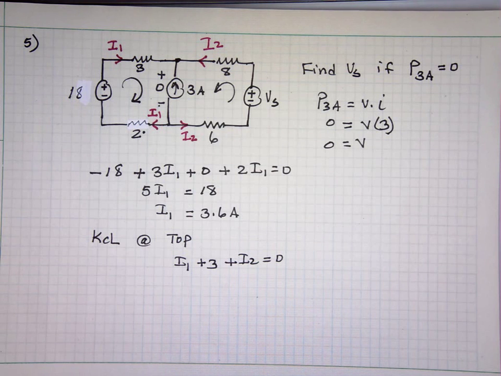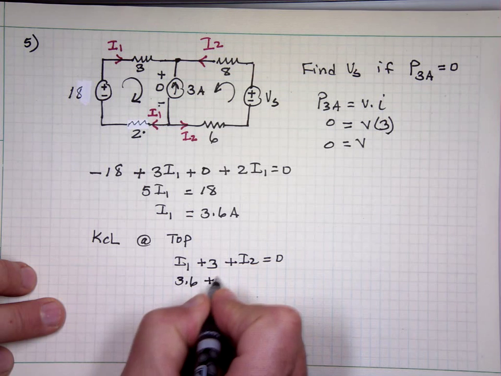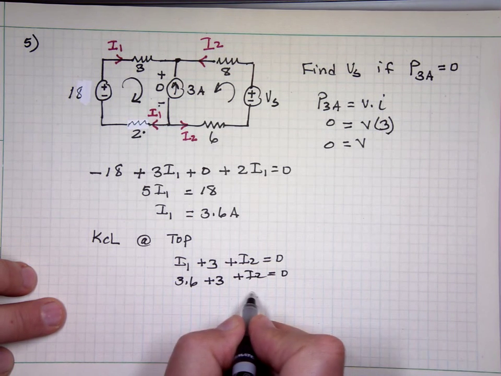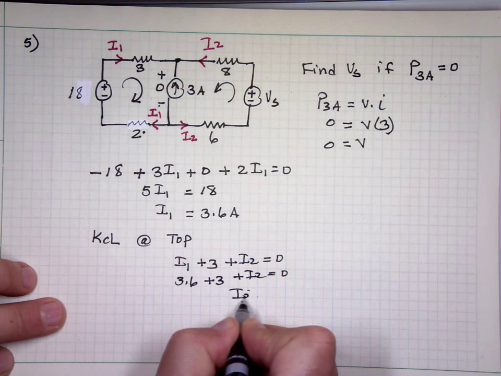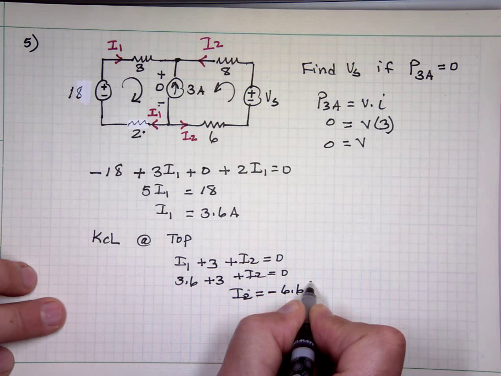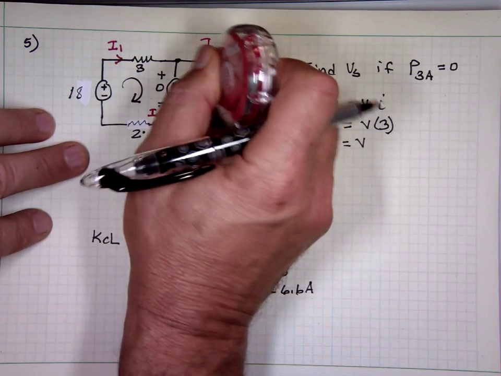I sub 1 is 3.6 plus the 3. That tells me I sub 2 is negative 6.6. That says my direction with the current is wrong. So let me go back here and reverse the direction.